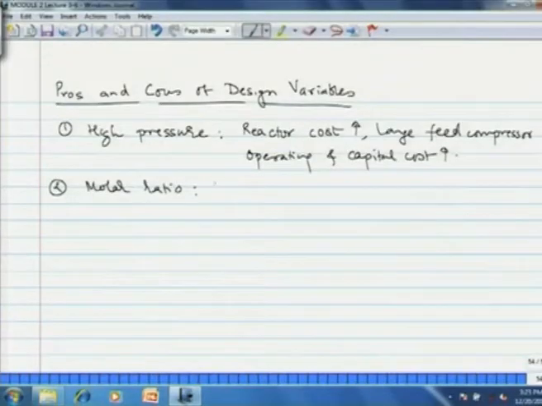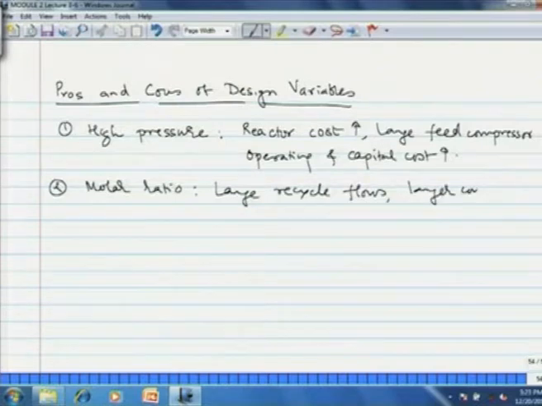Large recycle flows, larger compressor, cost. So, these are the disadvantages, or the other side of the coin, for the molar ratio.